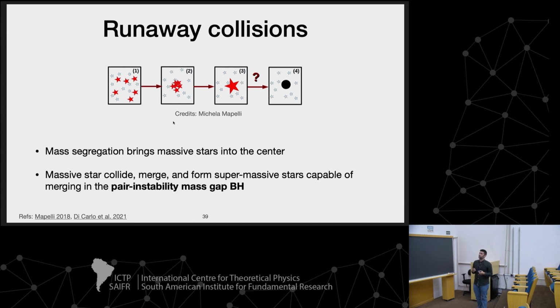So the probability that two massive stars merge with each other is higher in the core of the system. And what happens is that you can end up with a massive star that does not have a massive helium core, because the pair-instability supernova depends on the mass of the helium core. So this massive star can evolve and can produce a black hole that is in the pair-instability mass gap, because of this merger of massive stars.